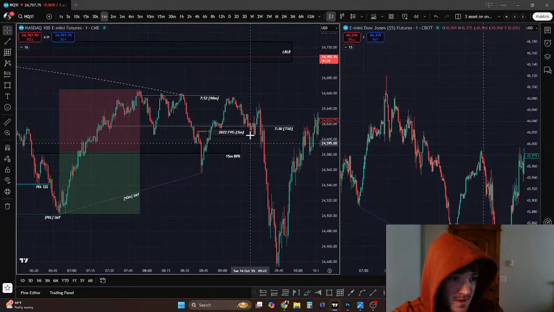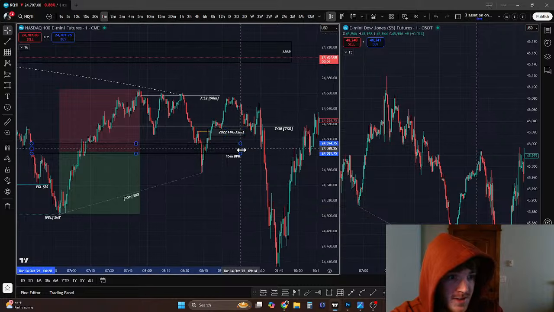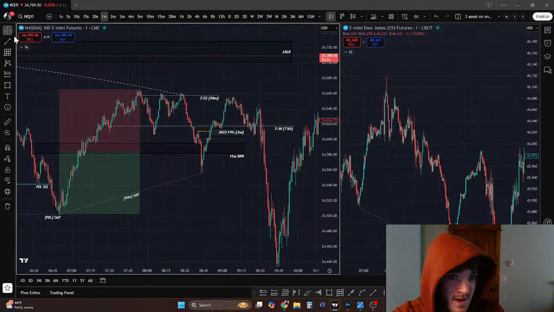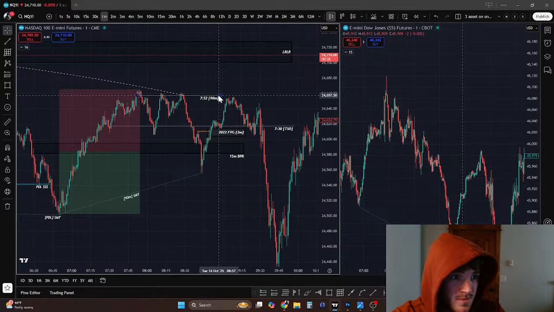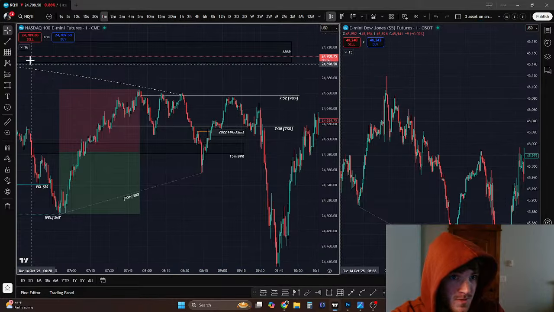So yeah, 2022 gap. And so basically, with this in mind, I was anticipating expansion as well. We're in the macro too. So we're within the macro.